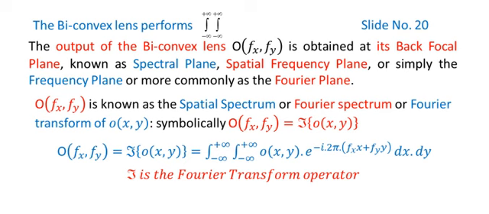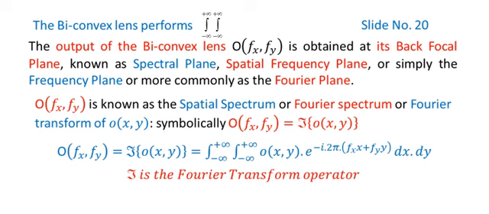Capital O of fx and fy is known as the spatial spectrum, or the Fourier spectrum, or the Fourier transform of small o of x and y. Symbolically, we can write that capital O as a function of fx and fy is equal to the Fourier transform of small o, which is defined with the variables x and y.